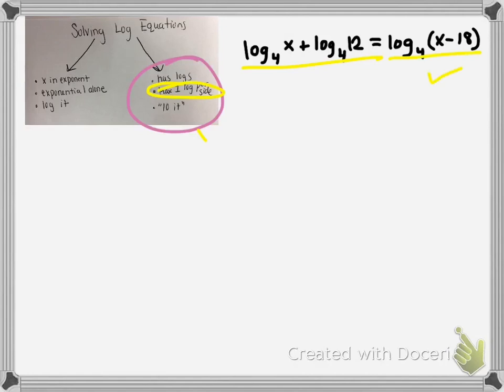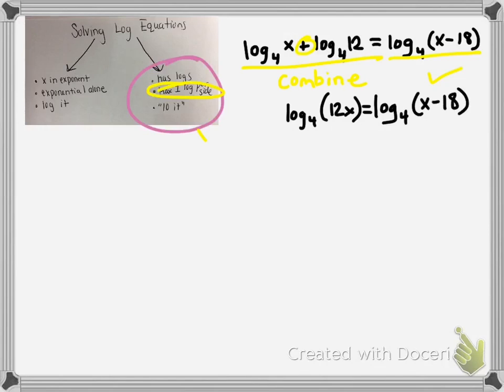These ones need to combine. Our combination plus becomes multiplication, so I'm going to multiply there. I get log base 4 of 12x.